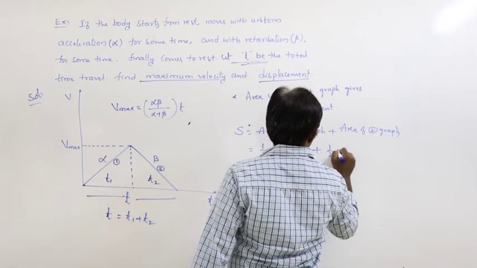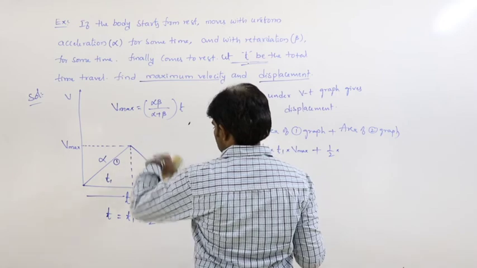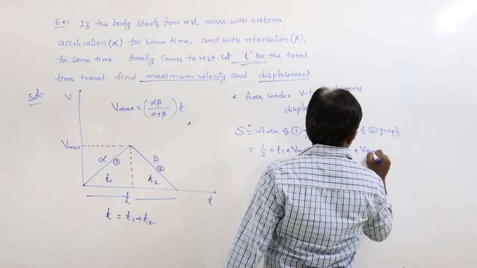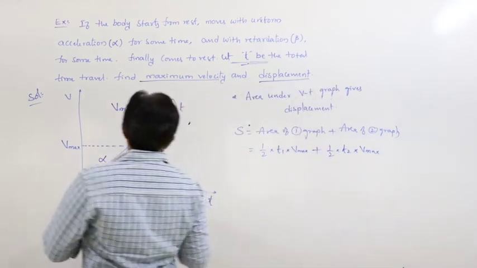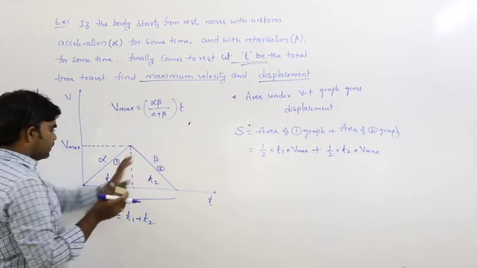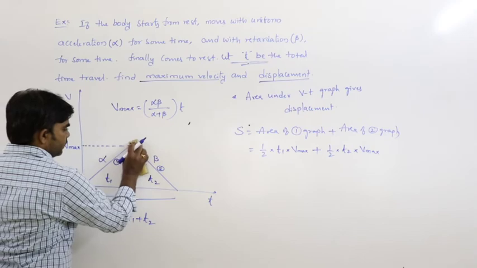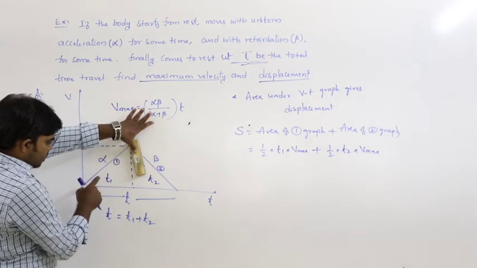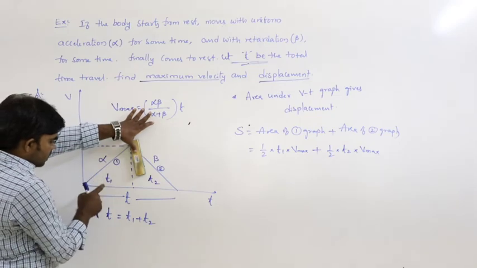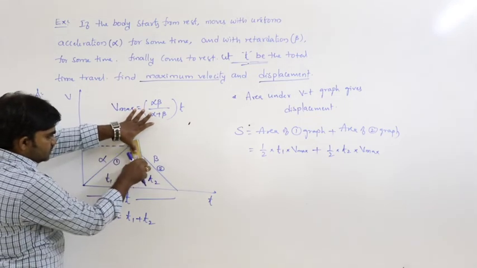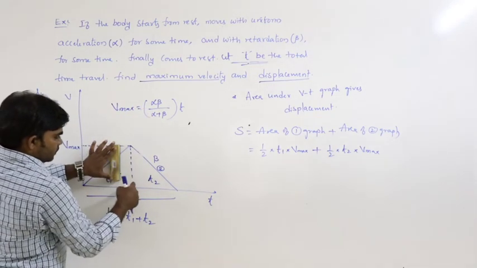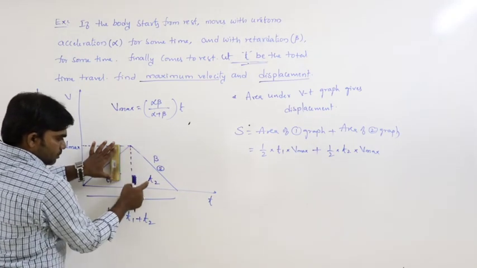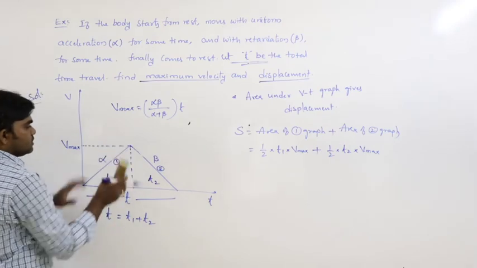This is the first graph, triangle shape, half into base into height. Next, come to this graph. This is also triangle shape, half into base into height. The base is t2, and the height is again Vmax.